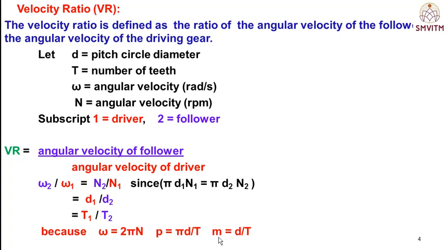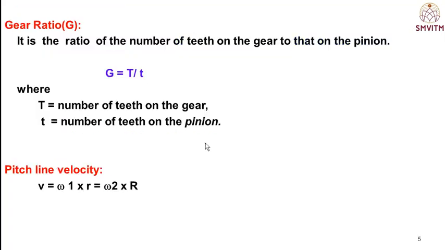Module is constant for both the driving and the driven gears. Here 1 is for the driver and 2 is for the driven, the follower. Then gear ratio equals T by t. Pitch line velocity equals omega 1 into r or omega 2 into capital R.